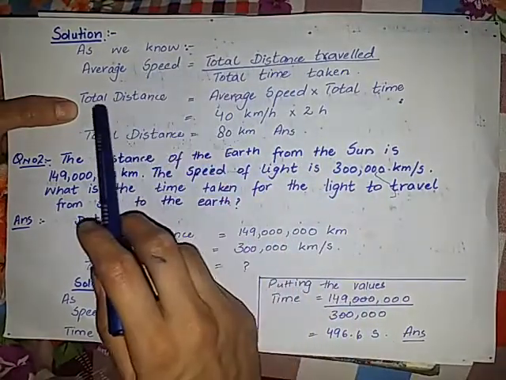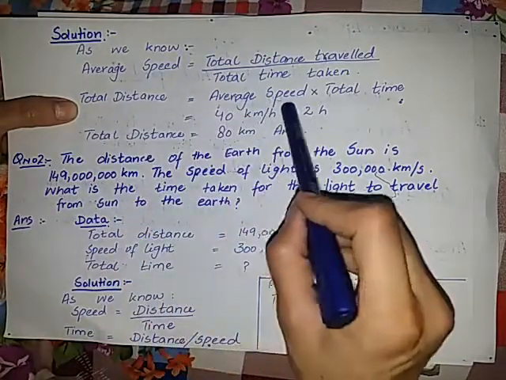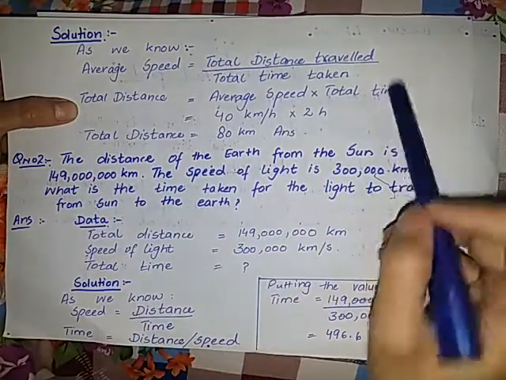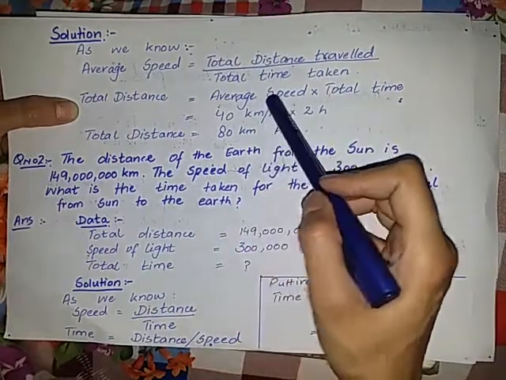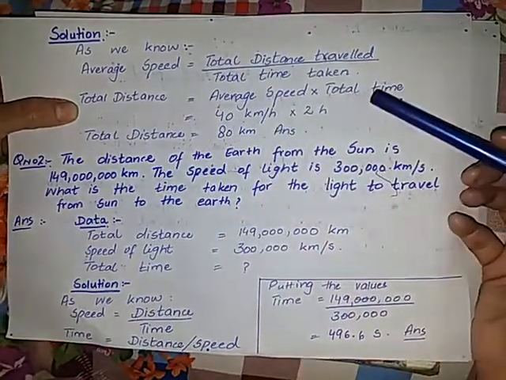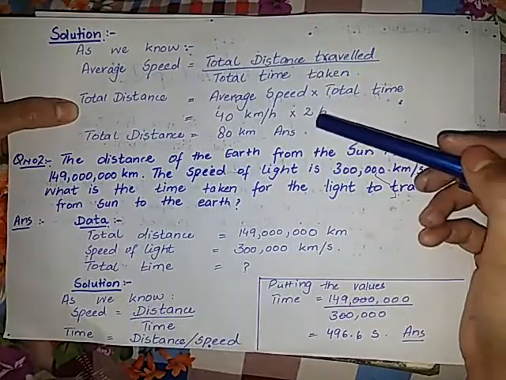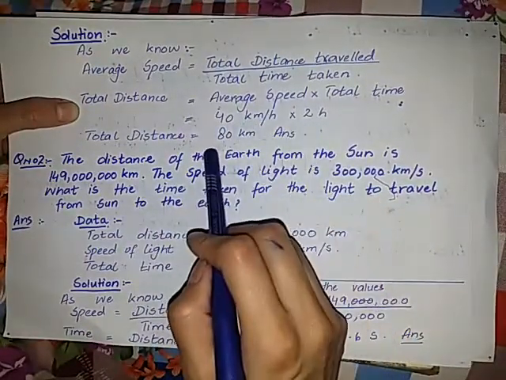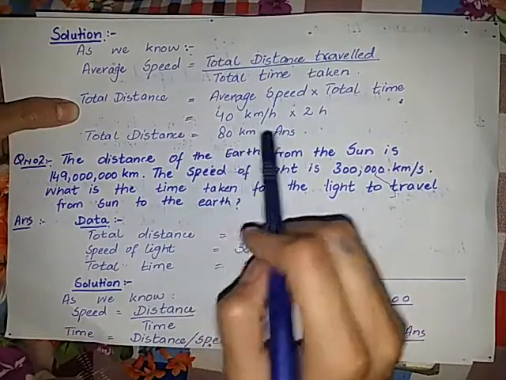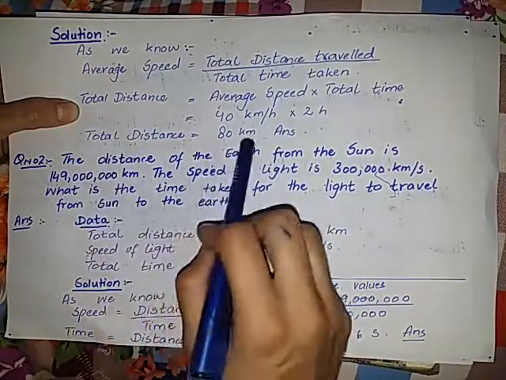So the formula will become total distance is equal to average speed multiplied by total time. By putting the values, the given average speed is 40 km per hour and the given total time is 2 hours. By multiplying both, 40 multiplied by 2 will be equal to 80 km. So the answer would be 80 km.